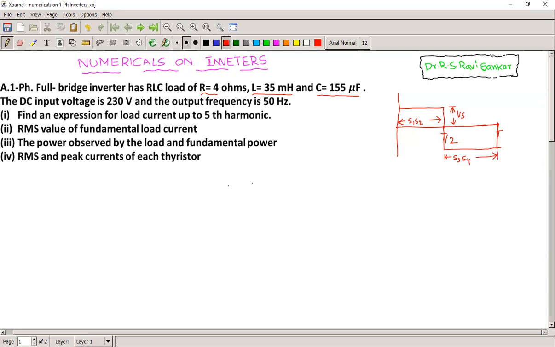If we write the Fourier series for this output voltage waveform, it is symmetrical about the x-axis, so it consists only of odd harmonics. So sigma n equal to 1, 3, 5, 7.